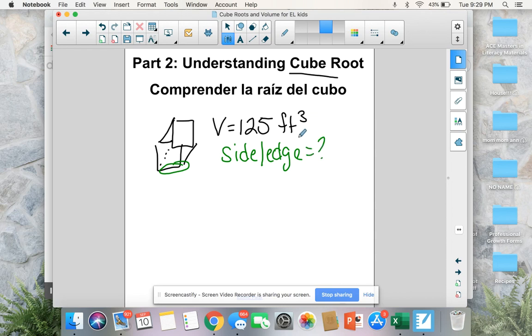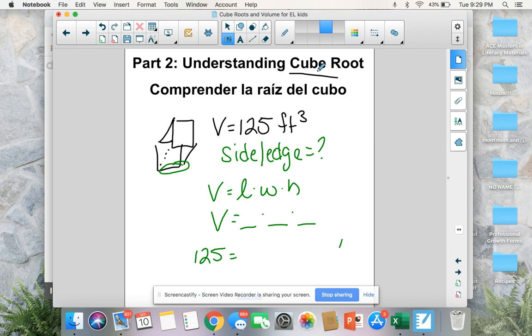I don't know what that edge length measures, and that's what I want to find out. So if volume is length times width times height, then volume is a number times that number times that number. So I just have to figure out what is that number. So 125 equals something times itself 3 times.